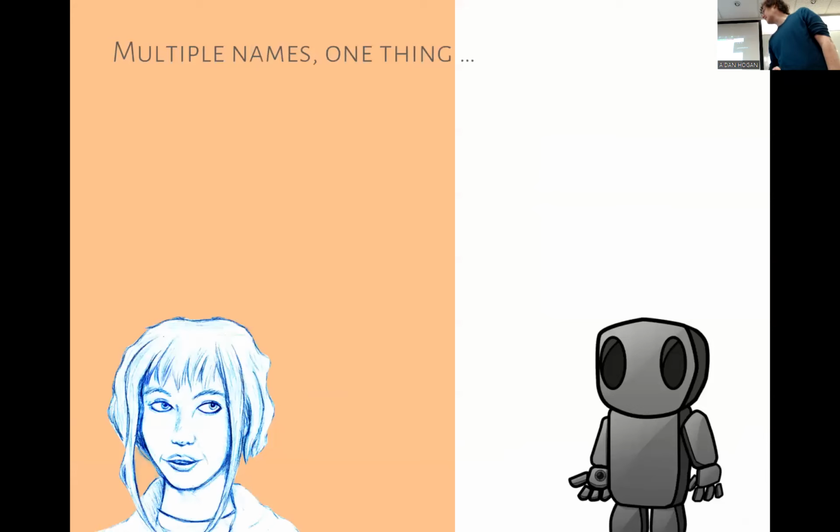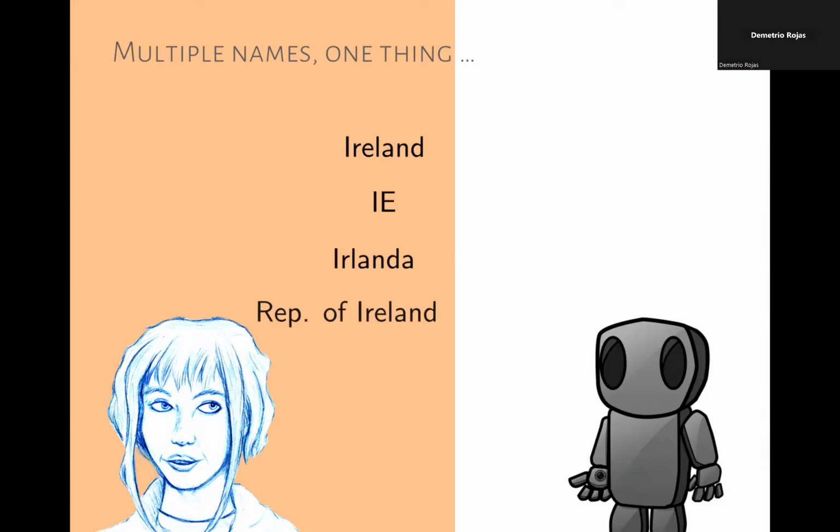So why is it difficult for machines to understand? And here I use this orange color for somehow semantic or for human meaning, and the white part for machine meaning. So on the one hand, we can use in natural language multiple names for the same thing. For example, Ireland, IE, we can use a code, Irlanda, Republic of Ireland, Éire, whatever.